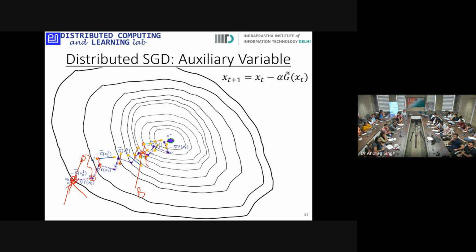So look, what will happen is that, like you are saying, let's say this gradient is being computed in this direction, the other one is being computed in that direction, and this line is essentially its average.